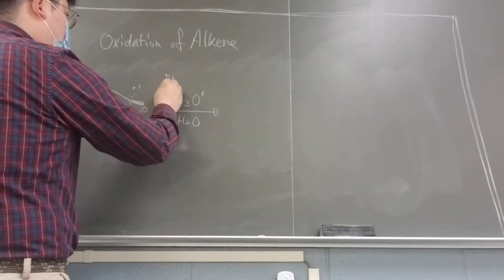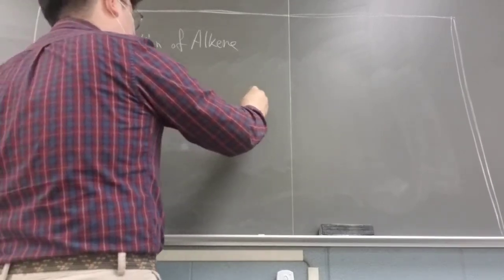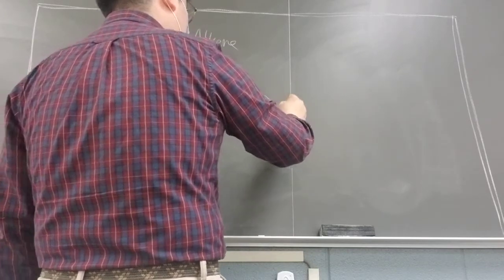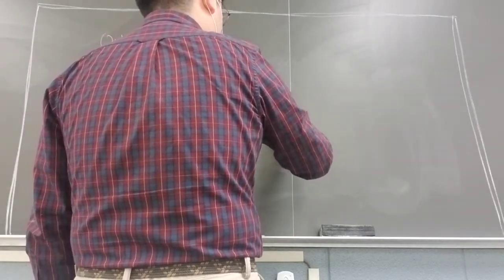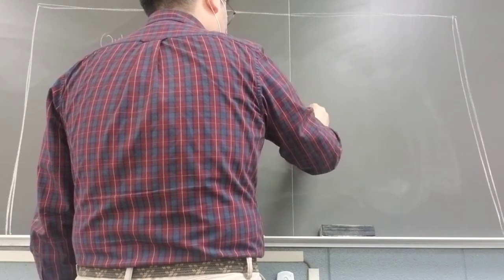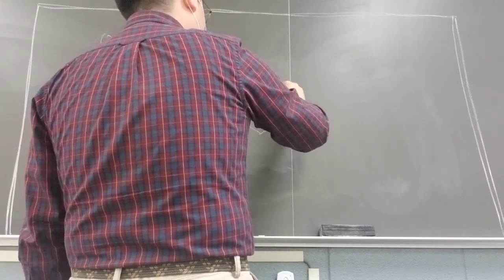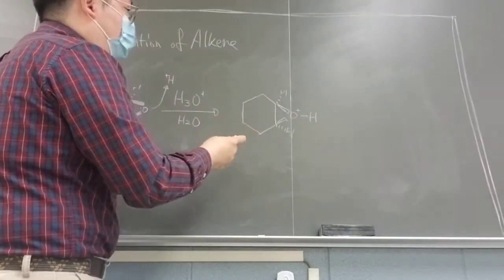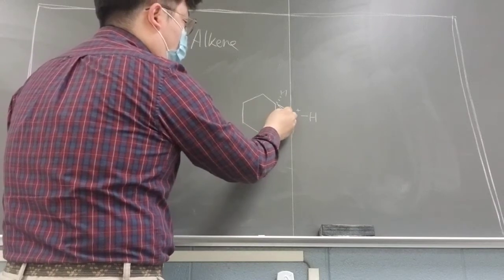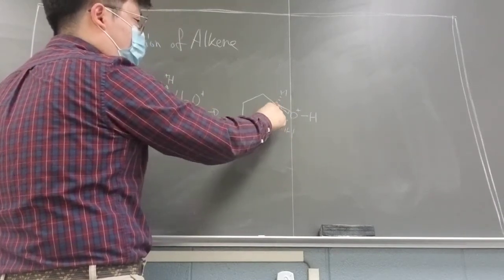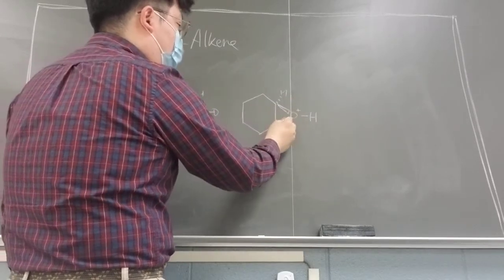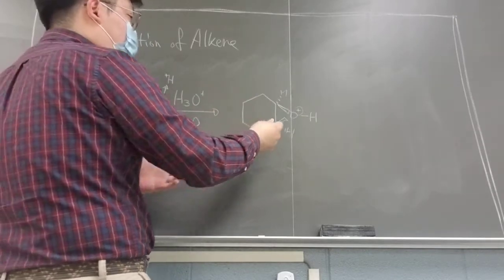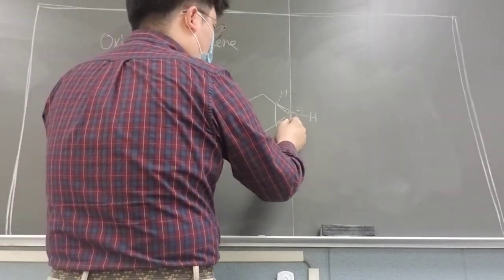So they can actually grab this one over there. So if they do that, they make this. And then they try to detach one of the bonds here. This cyclic ether group. They try to because this is positively charged, so it becomes quite unstable. So they want to be neutral here.